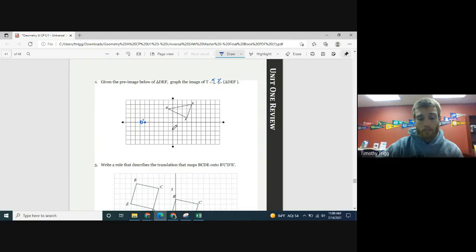Let's do the same with E and F. E needs to move 5 to the left and 3 down, and we label it E prime. Same with F, 5 to the left, 3 down. And you guessed it, we label it as F prime.